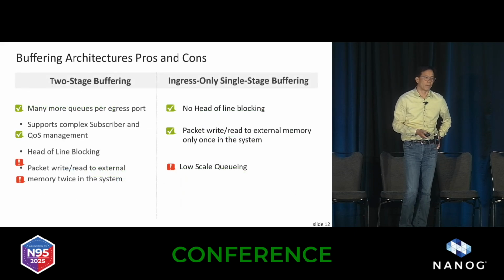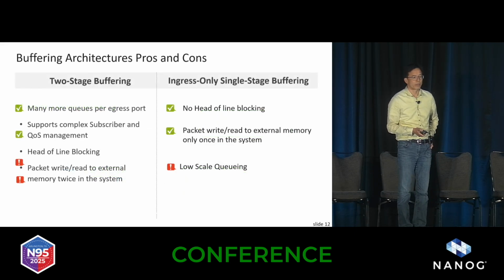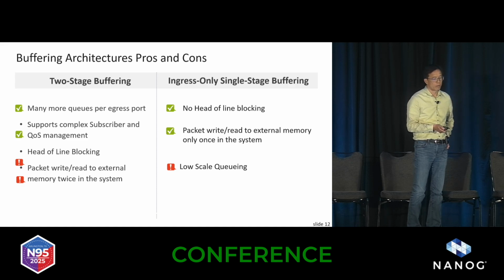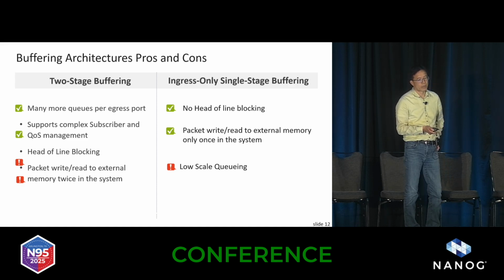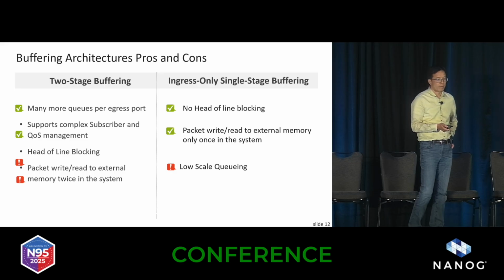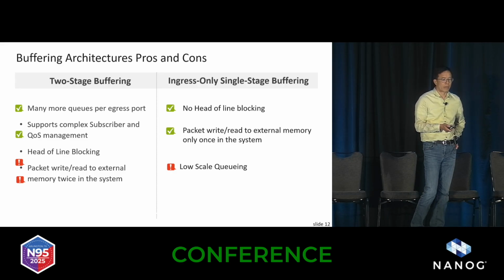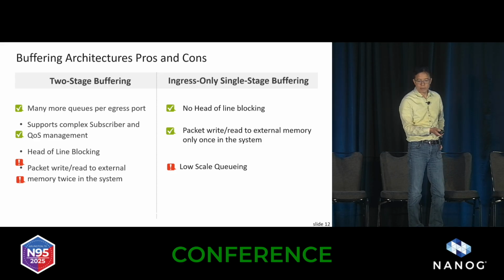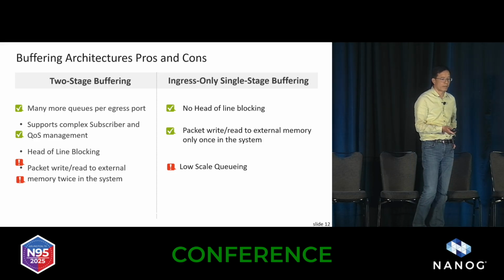So let's do a quick comparison between the two buffer architectures. With two-stage buffering, we can support many more queues per egress port, which is very good for supporting complex subscriber and QoS management. And there's no head of line. For the two-stage buffer, there's a potential head-of-line blocking. There's somehow misaligned on this one.